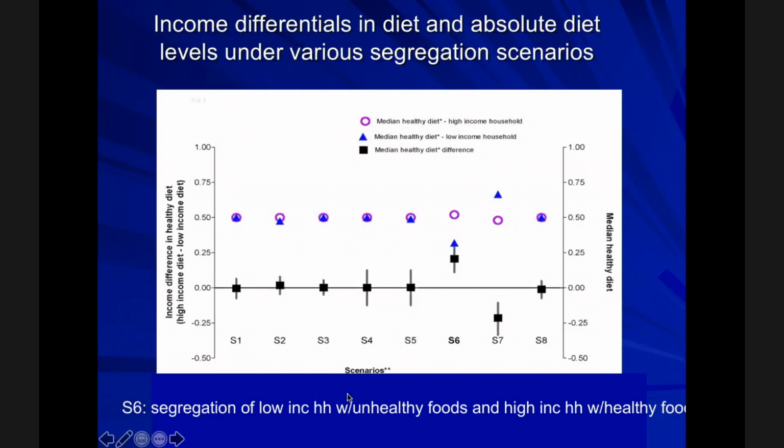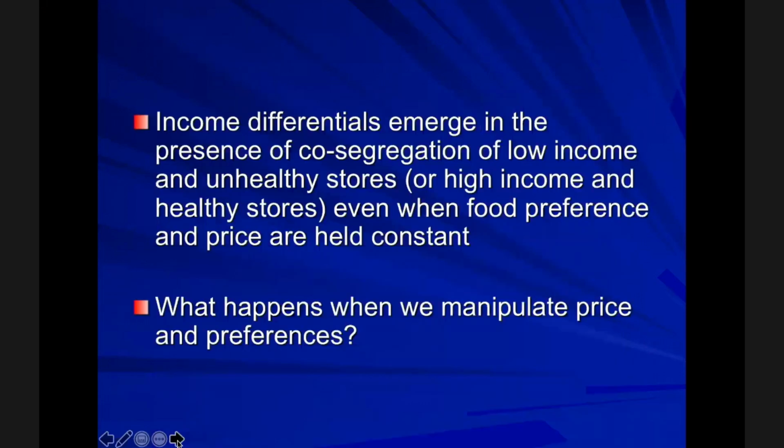And I can't get into the details of this, but we found essentially that scenario 6, which is the most realistic scenario in terms of segregation, where low-income households were clustered with unhealthy food stores and high-income households were clustered with healthy food stores, was the scenario where we saw income differences, such that higher income people had healthier diets than lower income people, emerge very clearly, and not in the other segregation scenarios. So we concluded from this, as a proof of principle exercise, that income differentials emerge in the presence of co-segregation of low income and unhealthy stores, even when food preference and price are held constant.